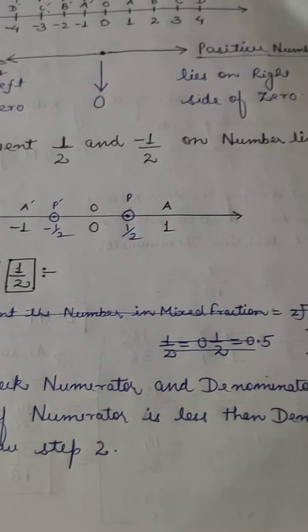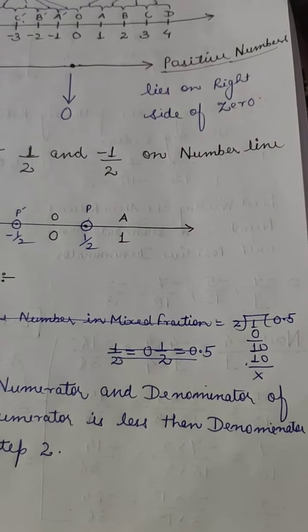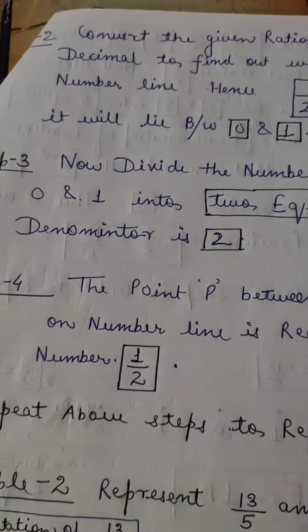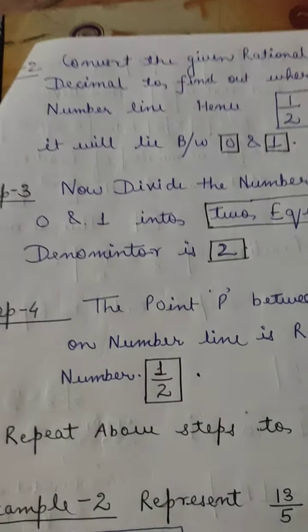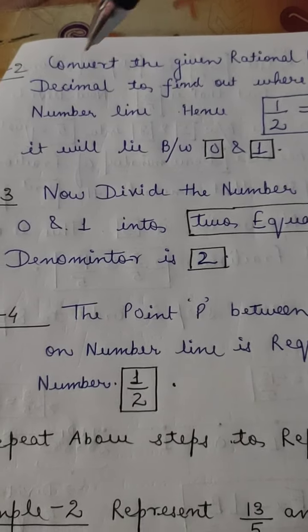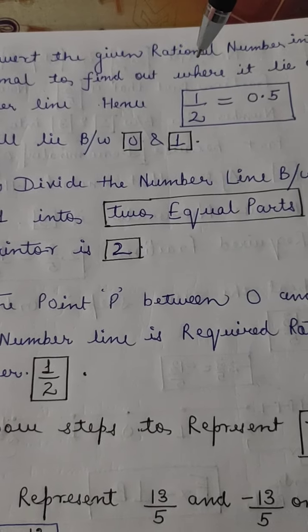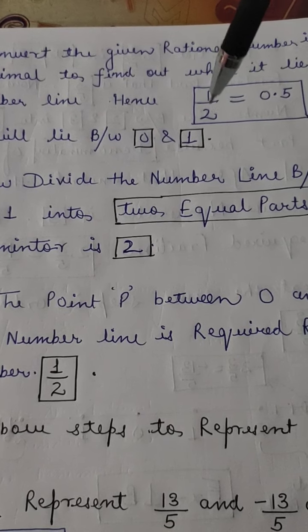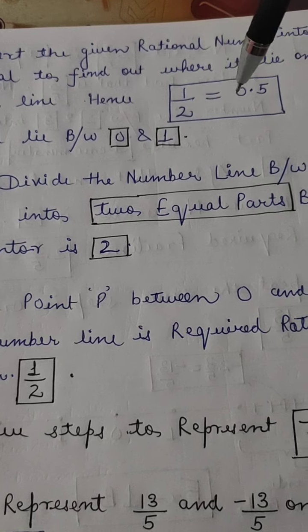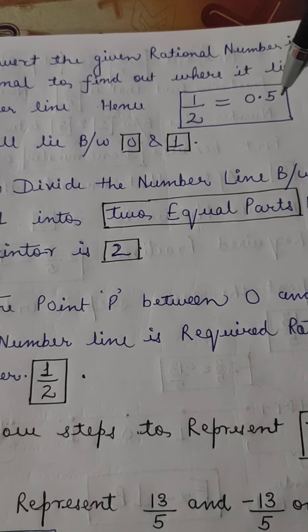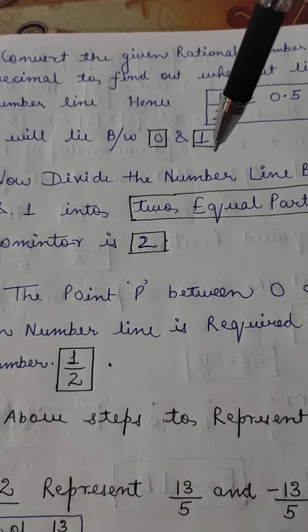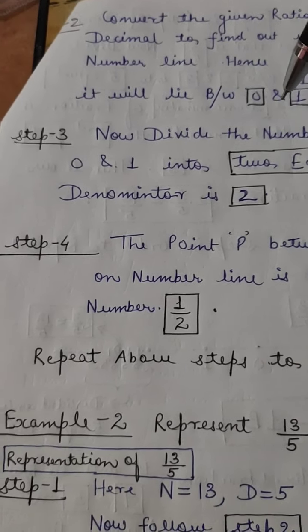If numerator is less than denominator, then we will move to step 2. Step 2 says convert the given rational number into decimal to find out where it lies on the number line. Here I have converted 1 by 2 into decimal as 0.5. So clearly you can see 0.5 lies between 0 and 1 on the number line.